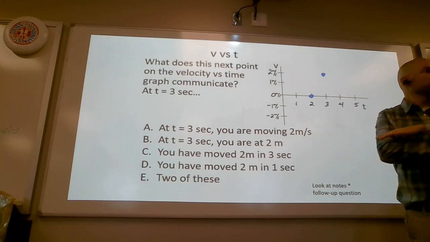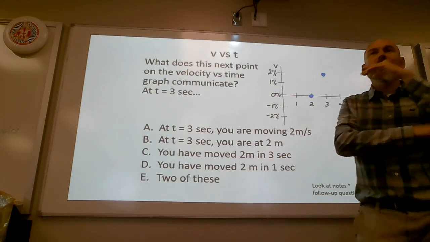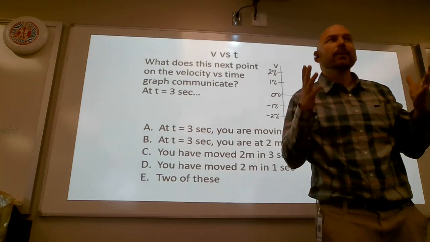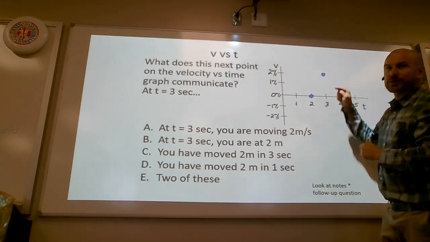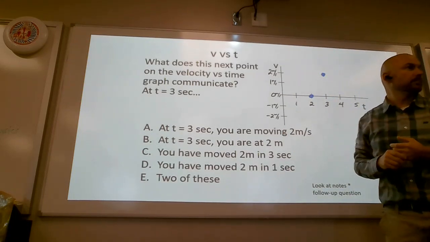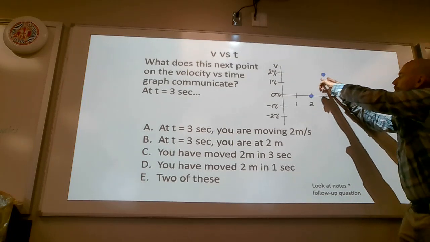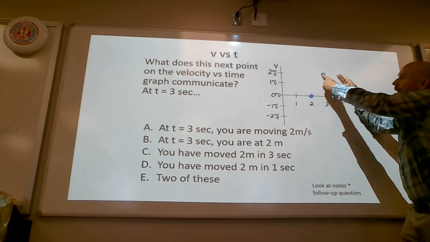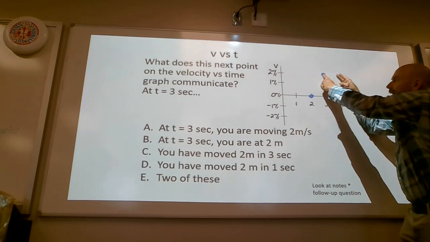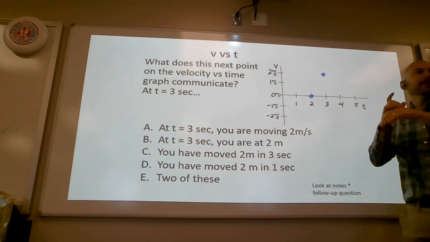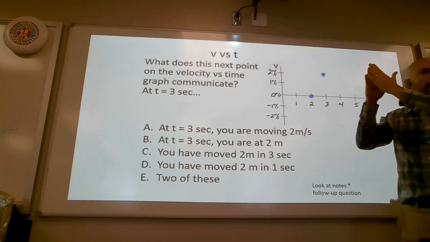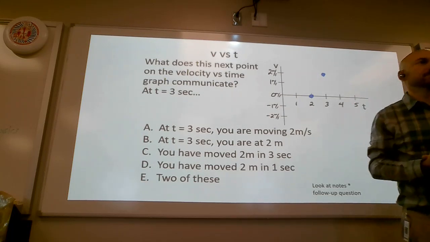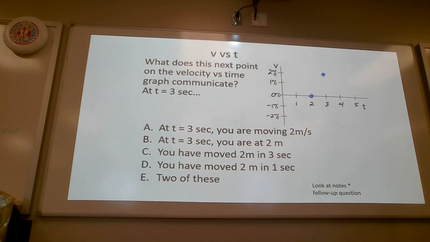This just says your speedometer says 2 meters a second at that moment. We don't know how far you went because this is just saying the rate. You would have gone 2 meters if you would have done 2 meters a second for an entire 1 second time interval, time duration. 1 Mississippi. You okay with that?